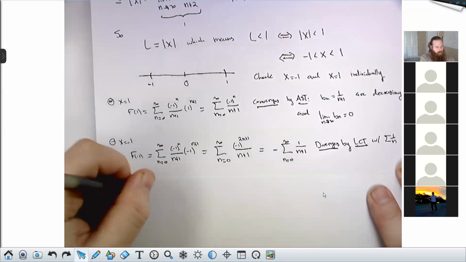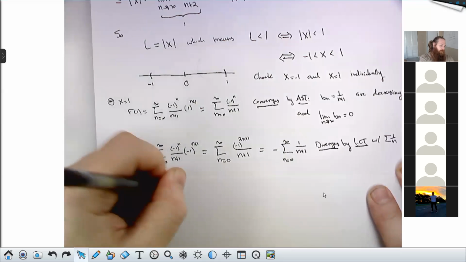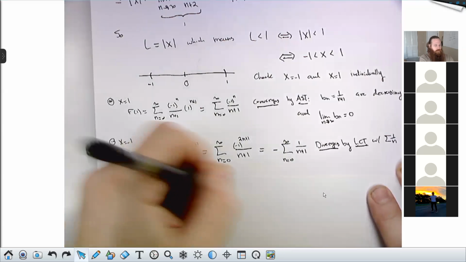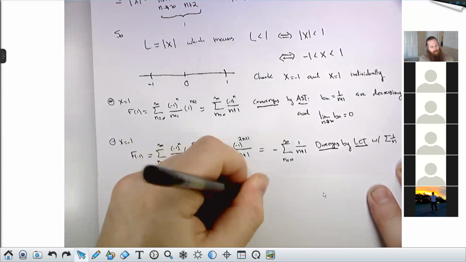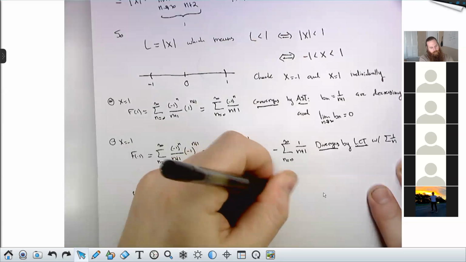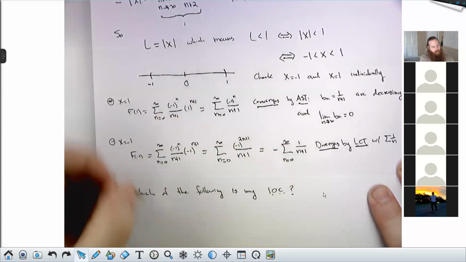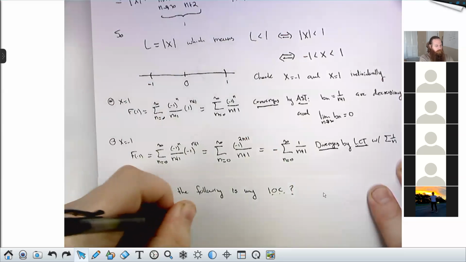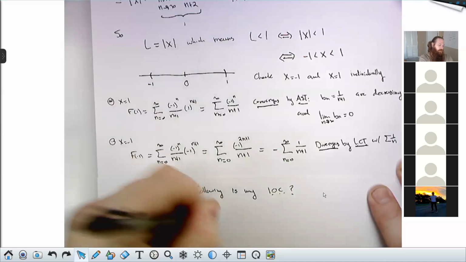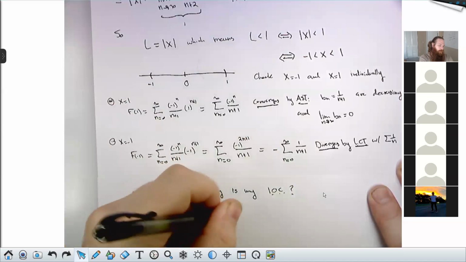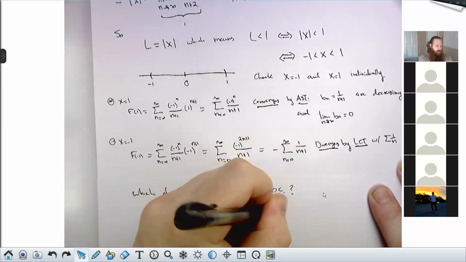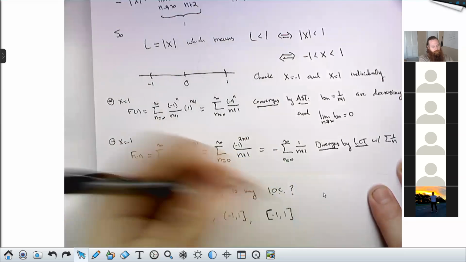So which of the following is my interval of convergence? Is it the open interval from -1 to 1? The left closed right open interval from -1 to 1? The left open right closed interval from -1 to 1? Or the closed interval from -1 to 1?